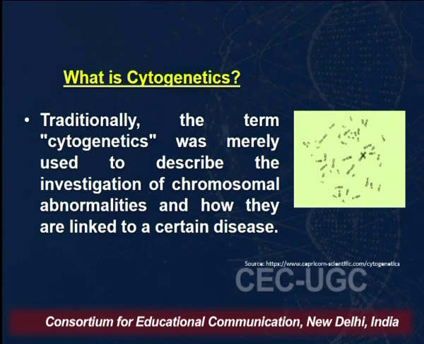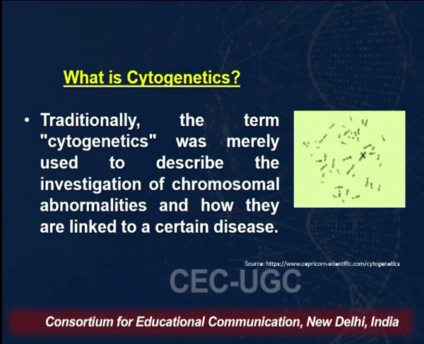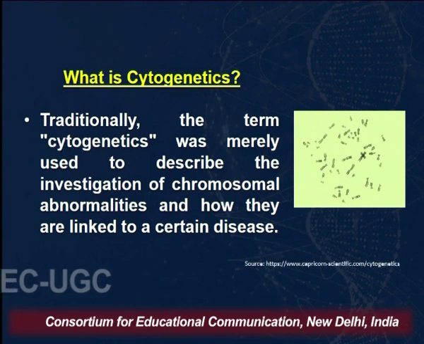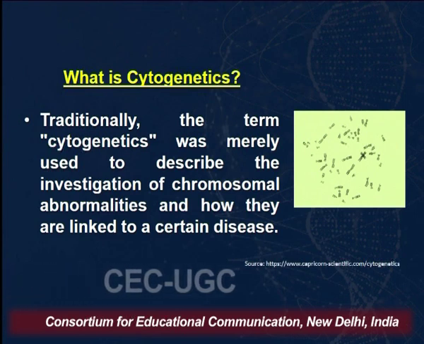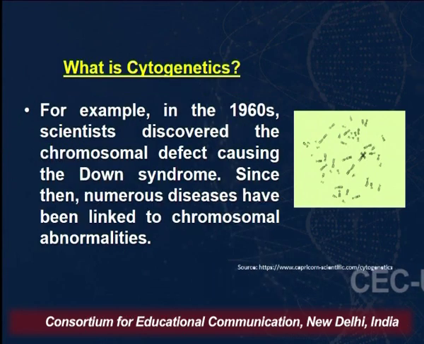So, cytogenetics plays a very important role in staining these chromosomes and subsequently reading them or translating them into proper information about what kind of chromosomal abnormalities can occur, whether in the number of the chromosomes or structural abnormalities in the chromosome, and then we can link them to a certain disease condition.